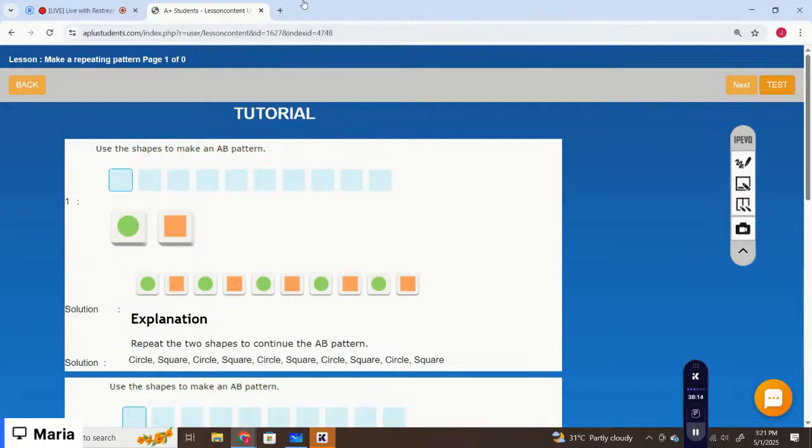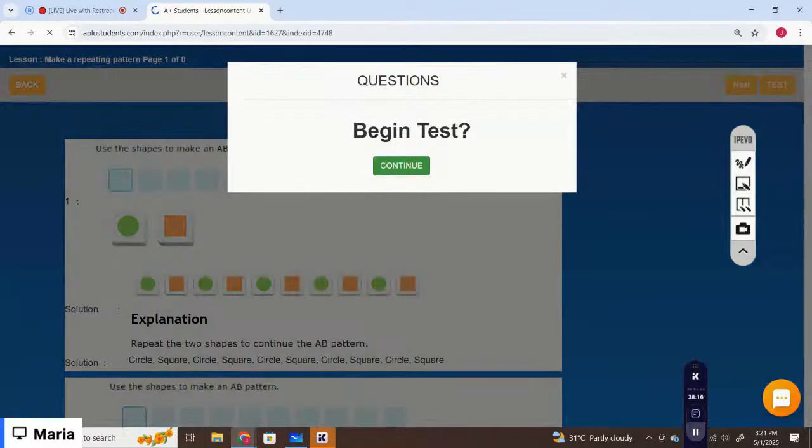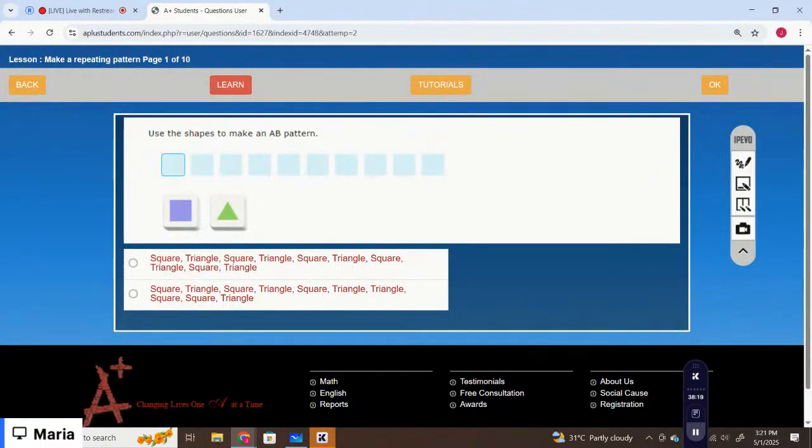Let's just start with the test questions. Use the shape to make an AB pattern.